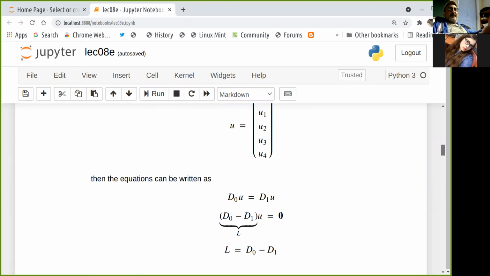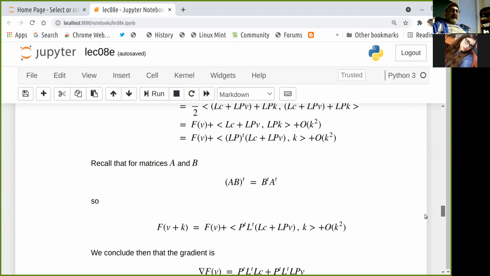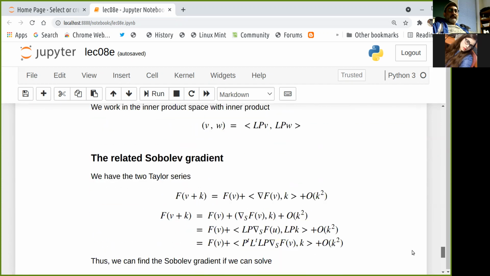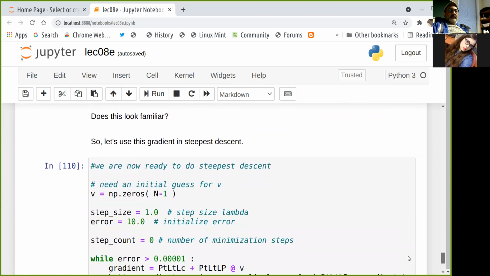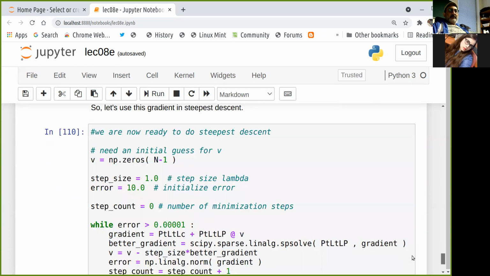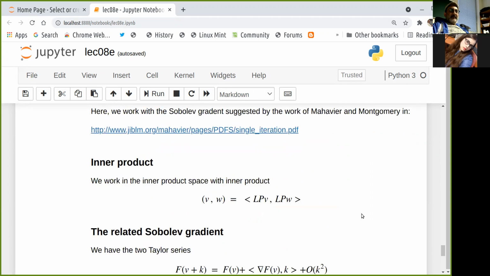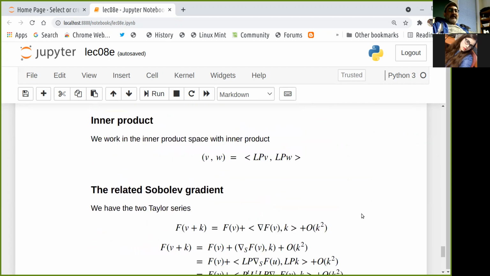So I should use an inner product using L. And if I do that, there's a new inner product written with round brackets, V with W. That's the usual inner product, except instead of V with W, you have LPV inner product with LPW. Okay?